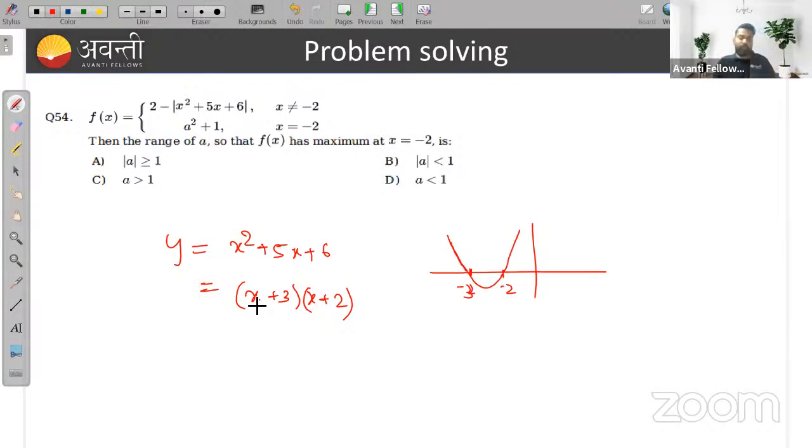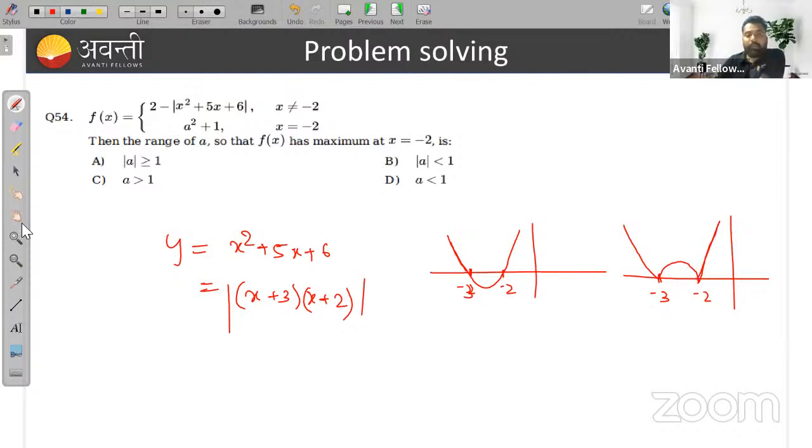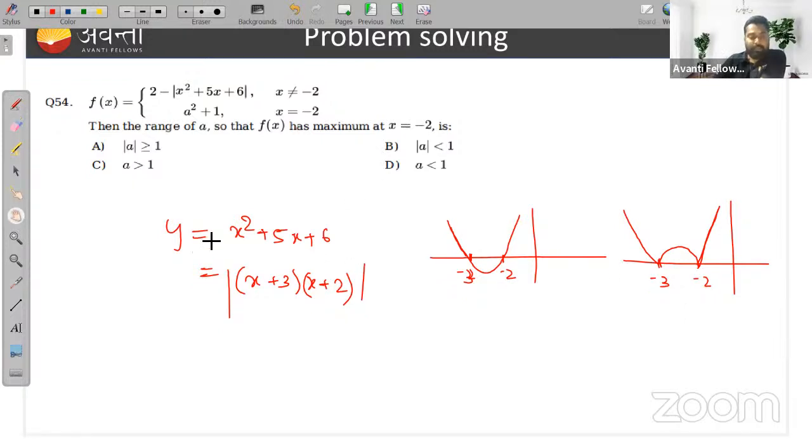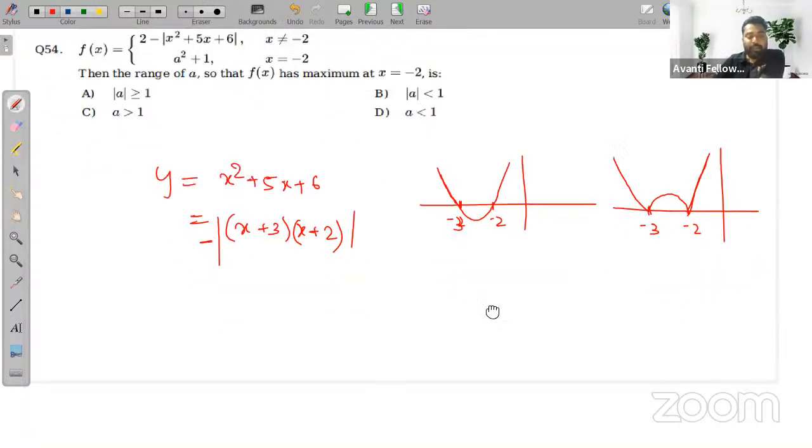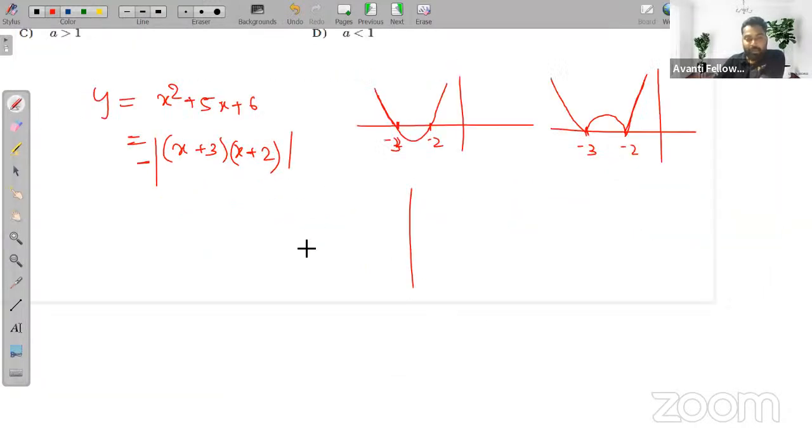Okay. So when we take the mod, then the graph changes at minus 3, minus 2. Then the graph changes to this type, because the negative portion becomes positive. Okay. And when we take minus with this, how will the graph look?